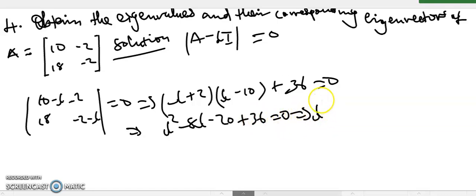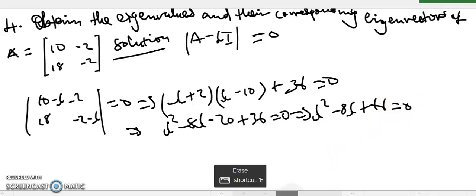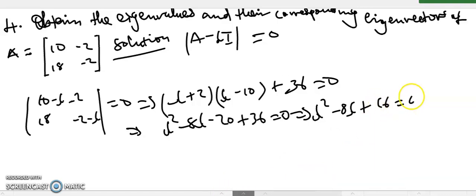This means lambda squared minus 8 lambda plus 16 is equal to 0, because -20 plus 36 gives you 16. So we have lambda minus 4 and lambda minus 4. We simply factor these out. We look for the factors of 16 that add up to -8, so it is -4 and -4, and this must be equal to 0.